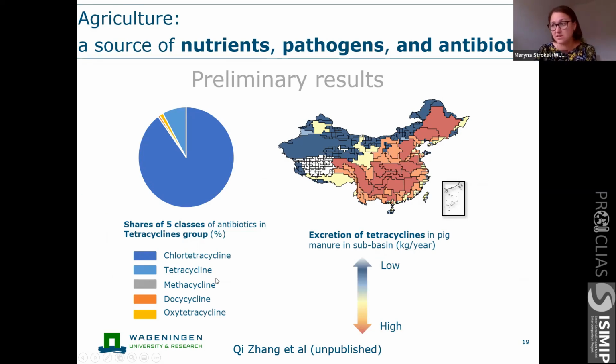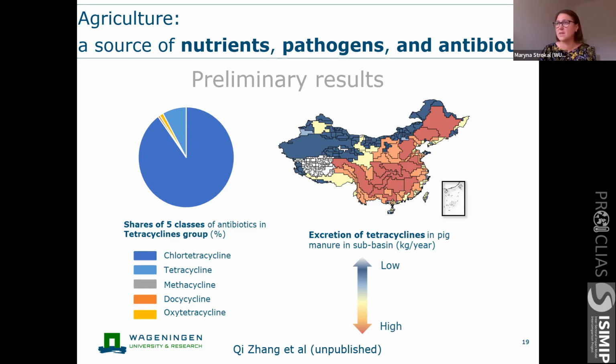I'm not going into details here, just would like to show you that we also calculate the antibiotic excretions, in this case for pig production in China, that you see on the map from low to high. If it is dark red, then you have a lot of tetracycline in pig manure in China, and the units are in kilos per year. And this is work which is currently under development, and Zhejiang is doing this.